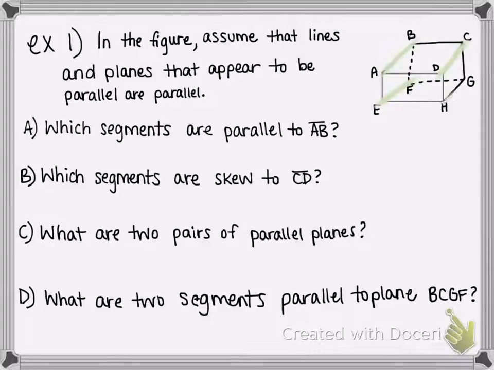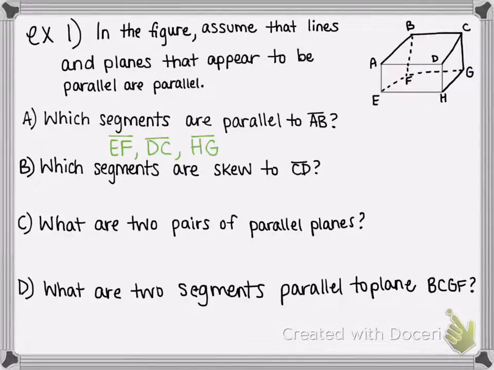And lastly, we have HG, because you could have a diagonal plane that cuts through the middle, going from the top left to the bottom right. So the three segments parallel to AB are EF, DC, and HG.